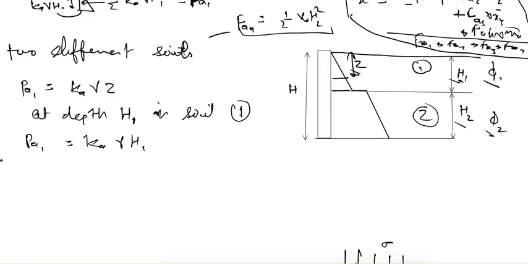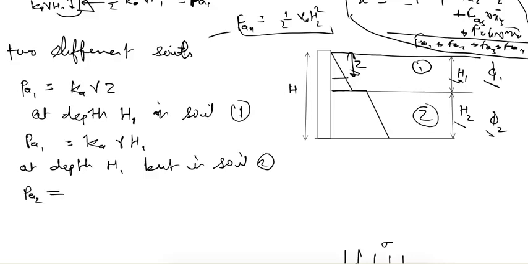Now for the same depth h1 but in soil 2, this would be Pa2. If this is Ka1 in the first soil, then Ka2 will be in this second soil, because phi is different for both the soils.